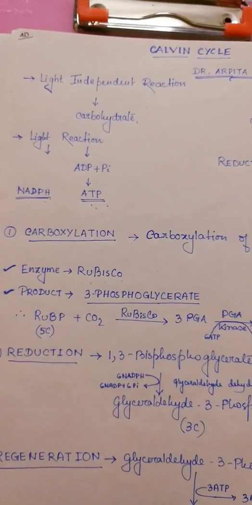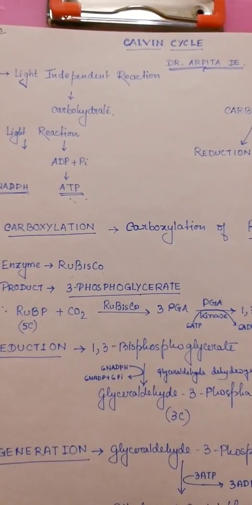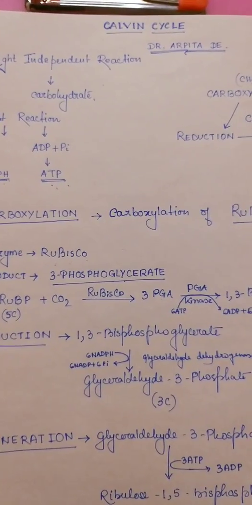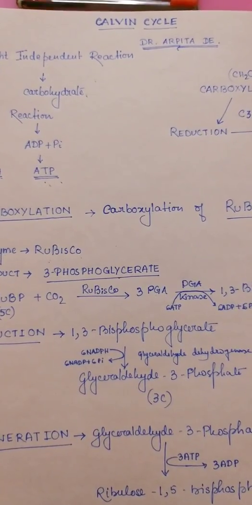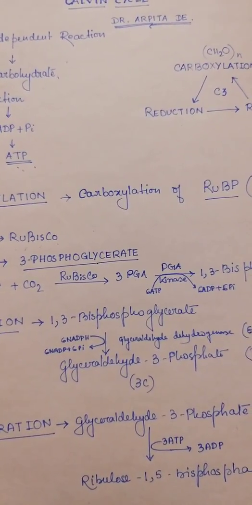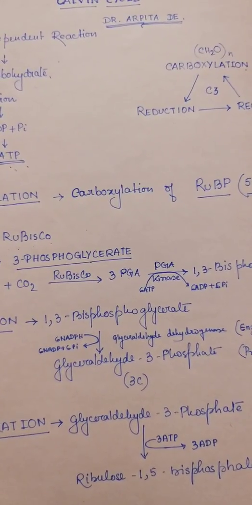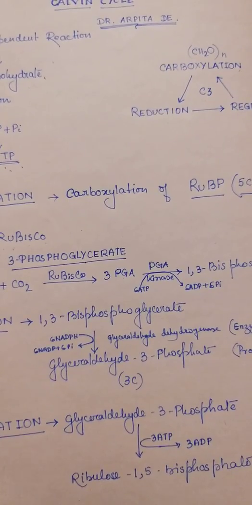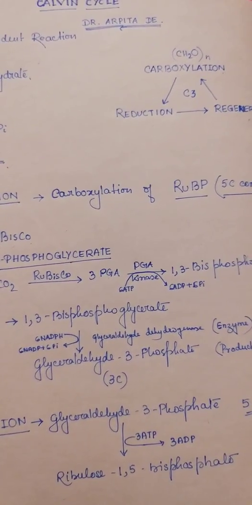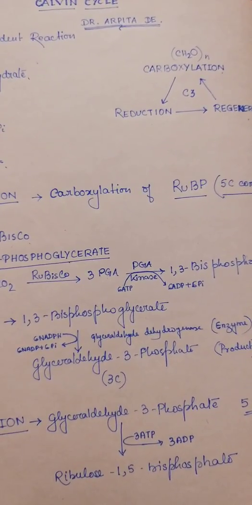Here, what happens? 3 molecules of CO2 combine with a 5-carbon acceptor molecule ribulose 1,5-bisphosphate. This step makes a 6-carbon compound that splits into 2 molecules of 3C compound or 3-PGA. Therefore, 6 molecules of 3-PGA are formed, which gives a net count of 18 carbons.